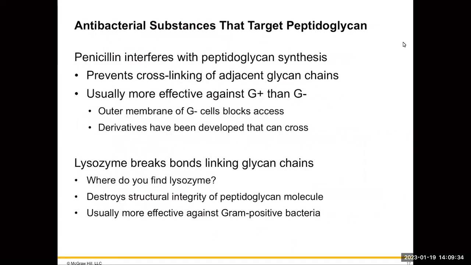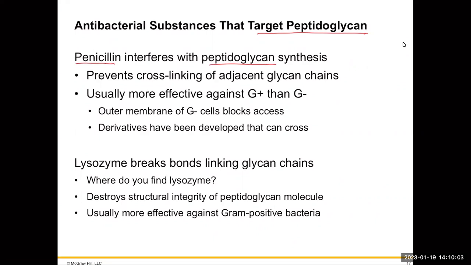Okay, now there are antibacterial substances, so basically antibiotics in a way, that actually target that peptidoglycan layer. So the classic example is penicillin. So penicillin interferes with the formation of peptidoglycan. Okay, so it stops them from being linked together.